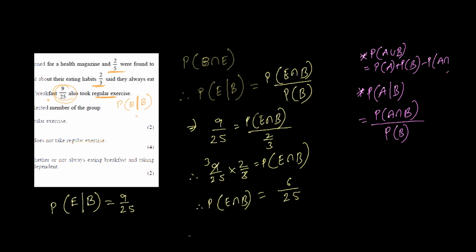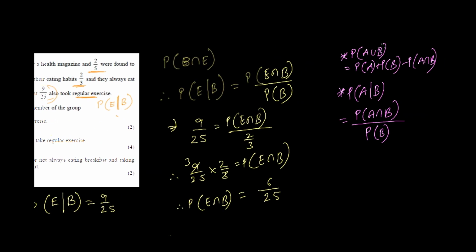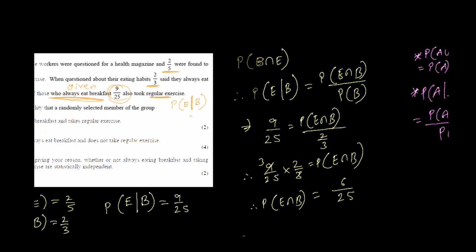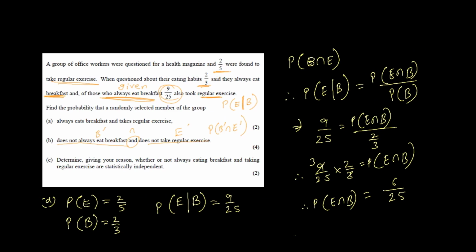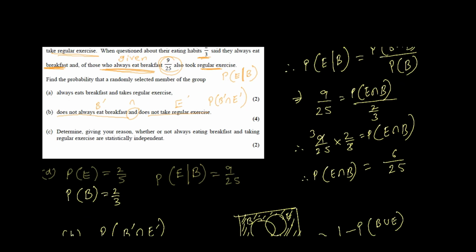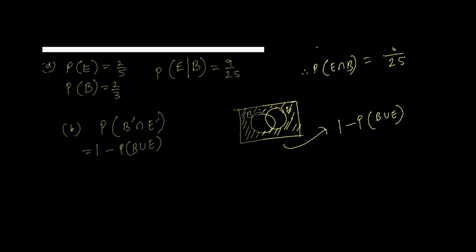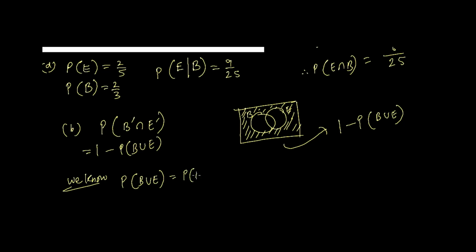So probability of the first set union the second set is add up the two probabilities, subtract the intersection. Remember what we just found. We just found the intersection. The union can now be easily found using this. We know probability of breakfast union exercise is equal to probability of breakfast plus probability of exercise minus probability of breakfast intersection exercise.